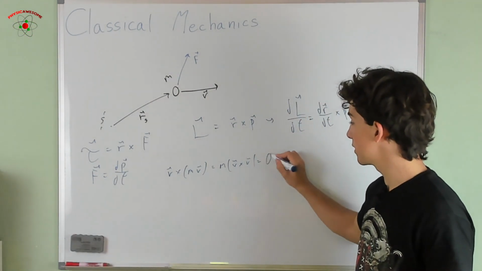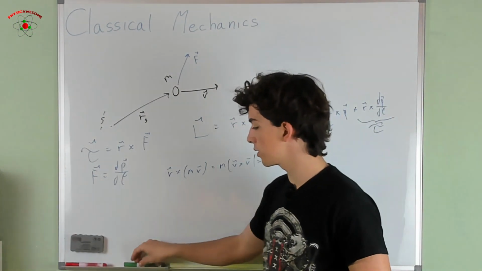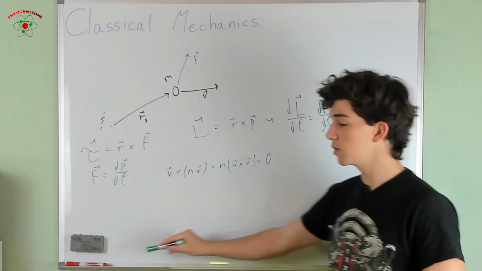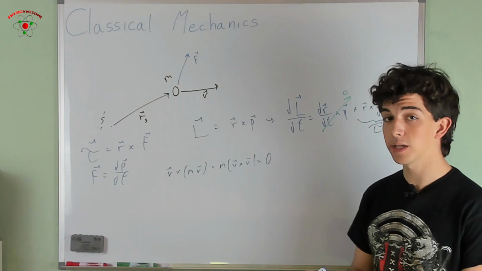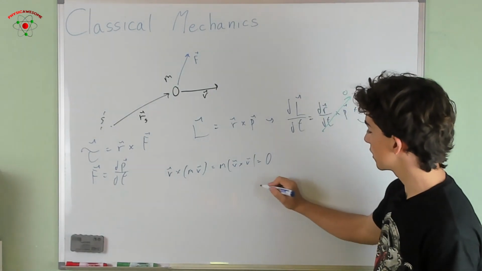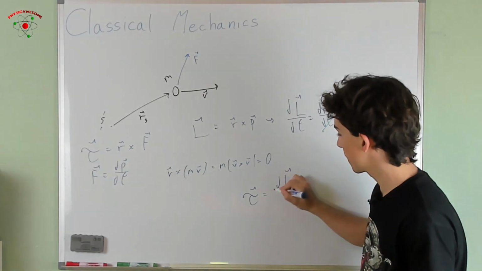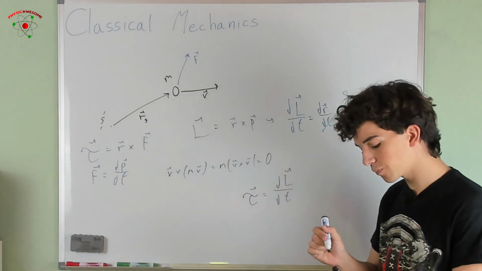So this goes to 0, and therefore this quantity over here is 0, which implies that the relationship that we found is torque equals dL/dt.